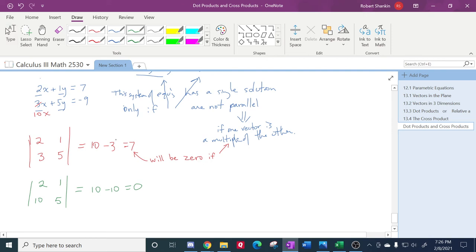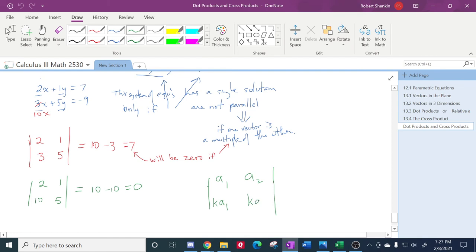Well, just think, A1, A2, those are the two components of the first vector. Suppose the second vector is some constant, I don't know, k, times A1. So instead of calling it B1, we're saying it's a multiple of this.